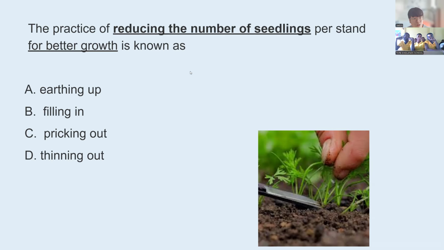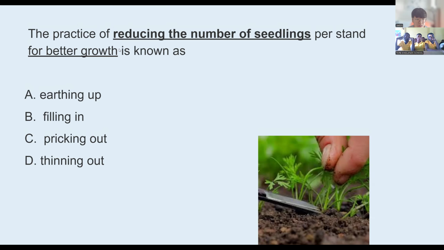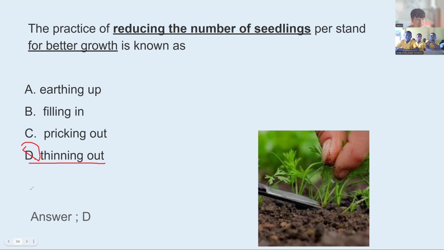Let's look at this question. The practice of reducing the number of seedlings per stand for better growth is known as what? Did you say D, thinning out? If you said D, then that's correct.